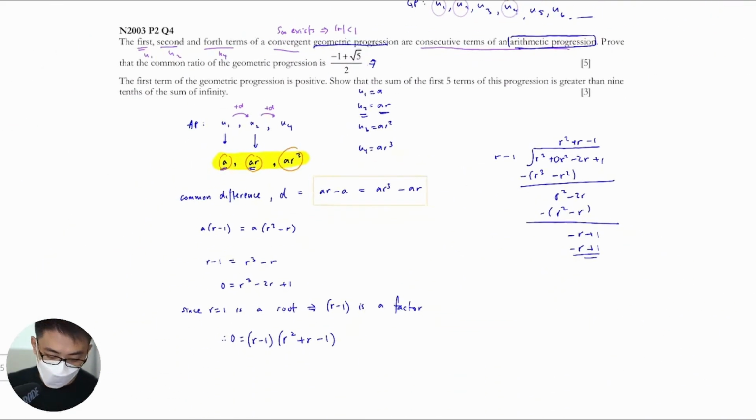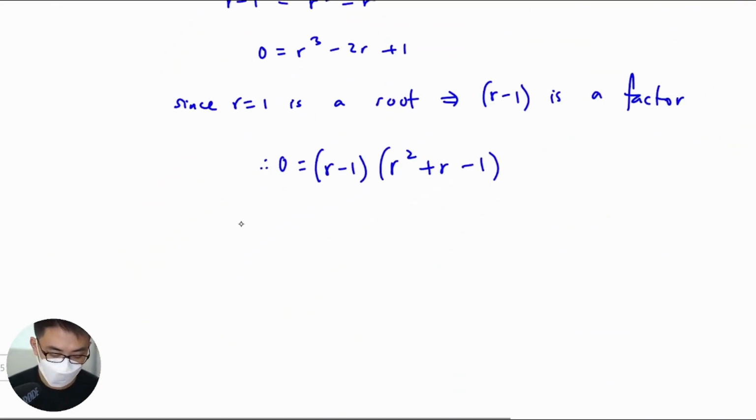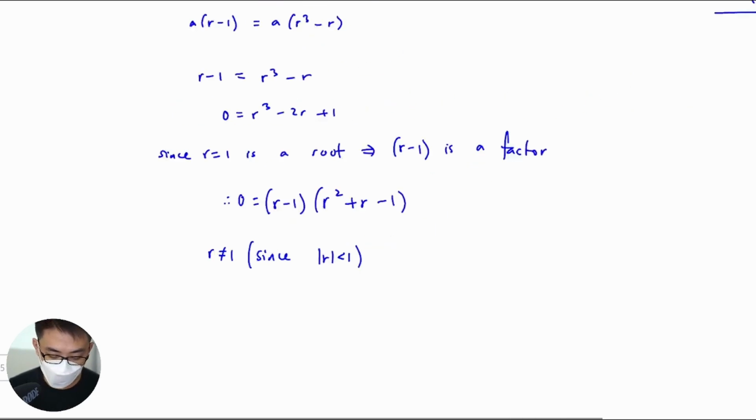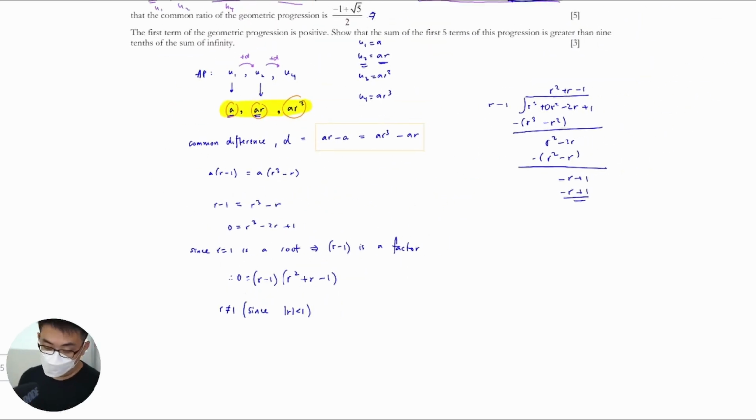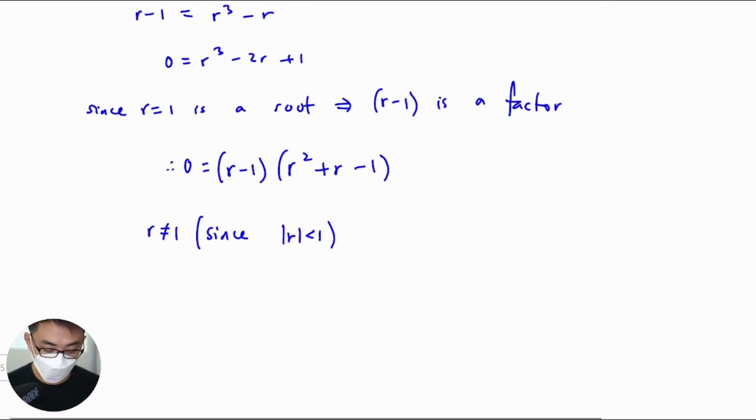The thing is, R cannot equal 1, because then the GP will just repeat itself. We're also not very interested in it, since we know that mod R is less than 1 because we want the sum to infinity to exist. So we need to find the root from here.